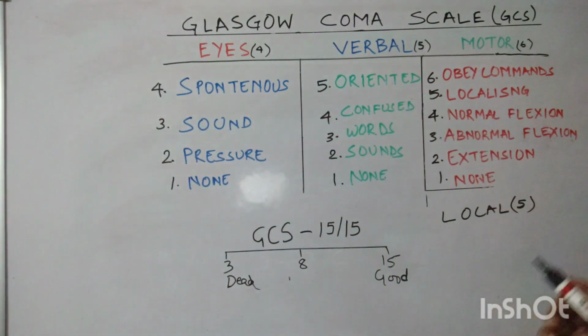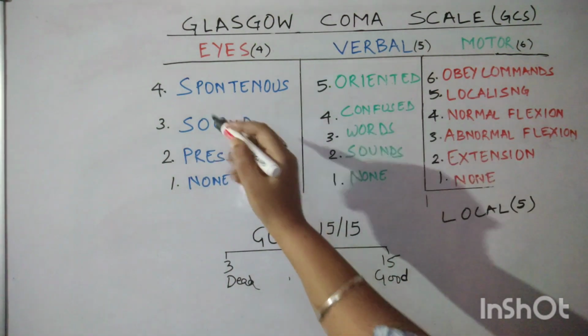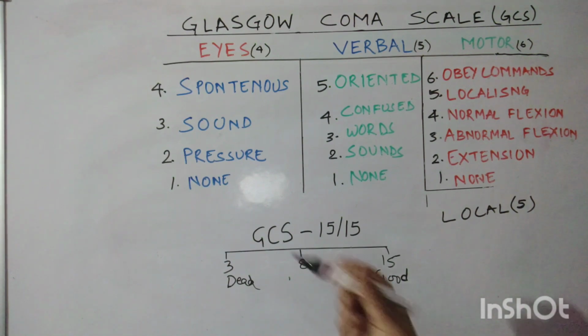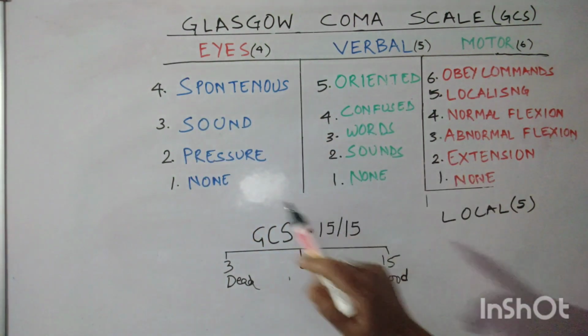The score is given like this. For example, in eyes, spontaneous opening of the eyes gets 4 points. Whenever the doctor commands the patient to do anything, or whenever he talks, the patient moves his eyes and responds instantly, spontaneously. That's why it is spontaneous.